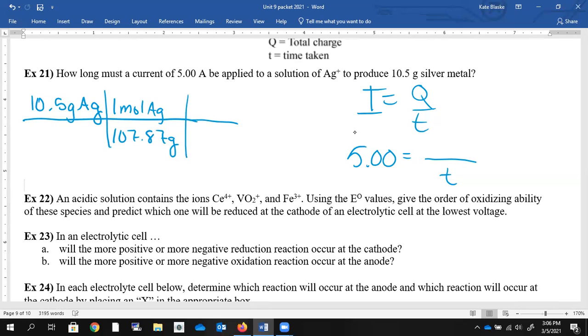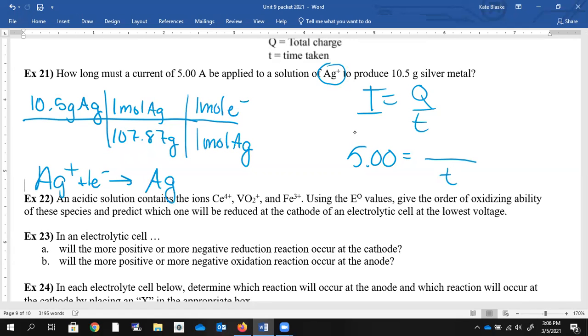Looking at what ion we're starting with, to get from silver +1 to silver metal, I have to gain 1 electron per ion. So that means to make 1 mole of silver, I need to gain 1 mole of electrons.